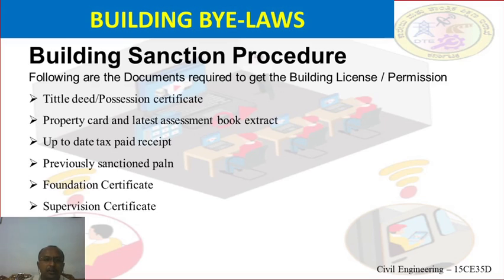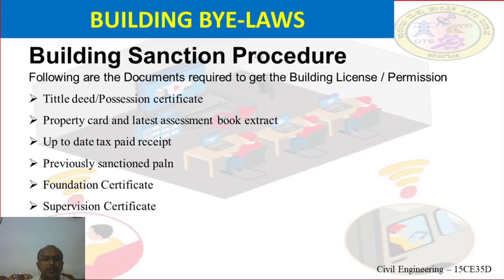The title deed or possession certificate is the certificate which is to be produced during the sanction procedure, and also the property card and latest assessment book extract. These are to be produced for the sanction of the building permission.